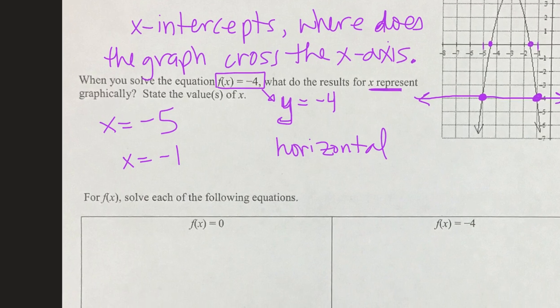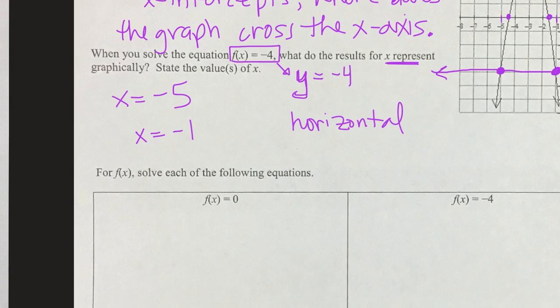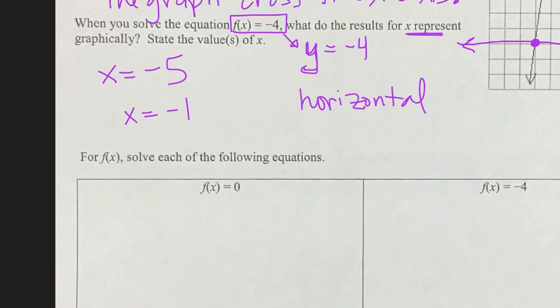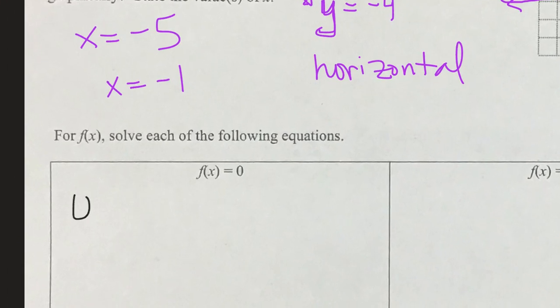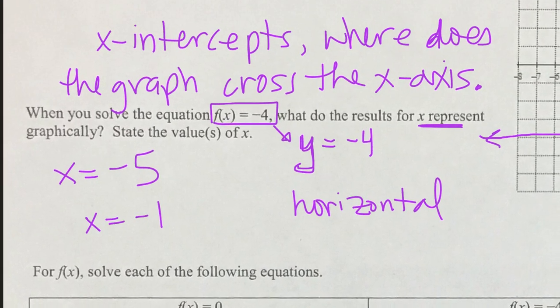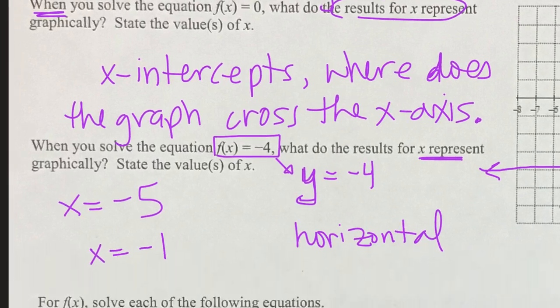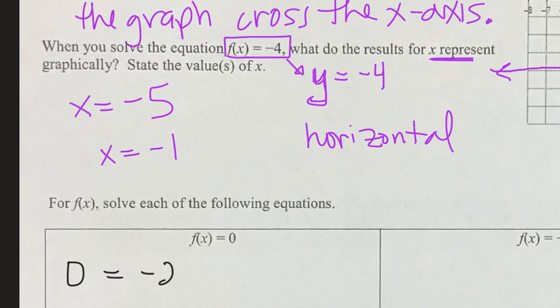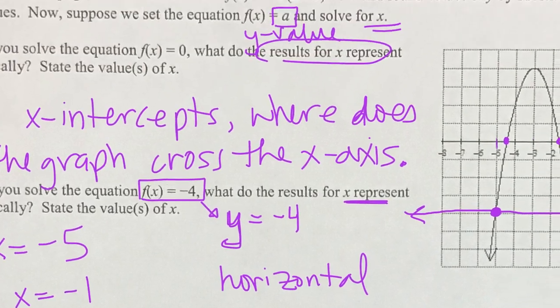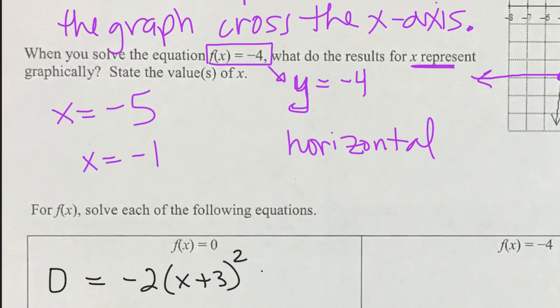Okay, so solve each of the following equations. What we're going to do is you plug in 0 for y. So 0 goes here. Okay, and of course we have -2 times (x plus 3) squared plus 4, right? This is our equation.